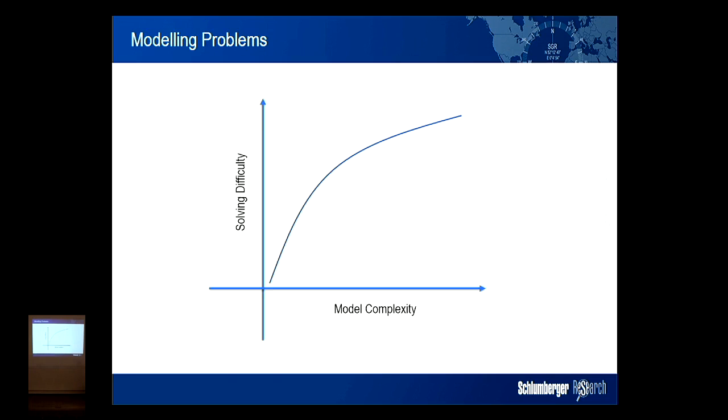Okay, so let's see another way of looking at this. We all know that there's some relationship between model complexity and difficulty of solving problems, right? So we know there's no linear axis of model complexity, but we know roughly as model complexity increases, then our solving difficulty increases too. Okay, so let's imagine we've got this complexity requirement for our problem, but also we've got this solving budget.